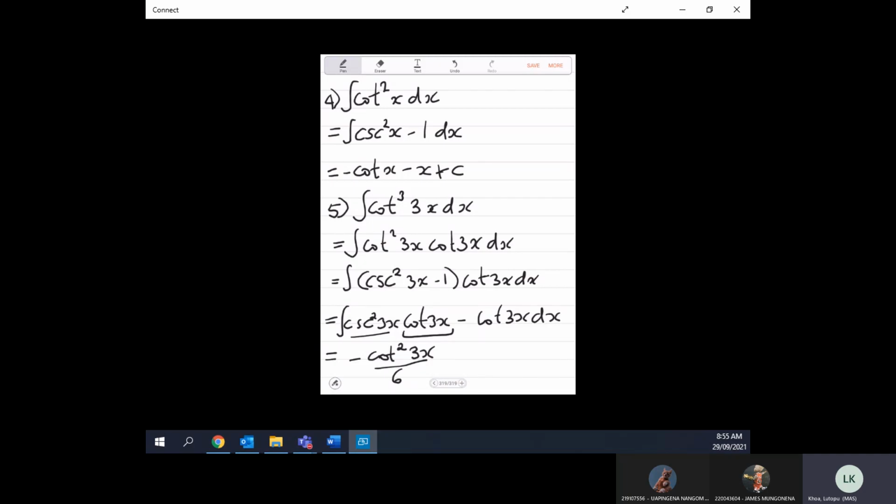And then the integral of cot, remember cot is cos over sine. So that is minus ln of sine 3x. And then we have to divide by 3.